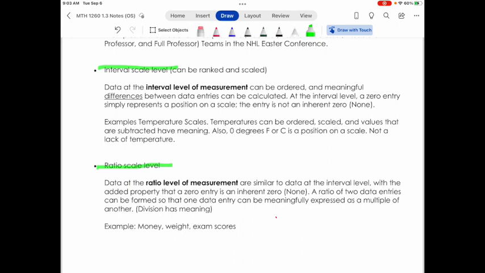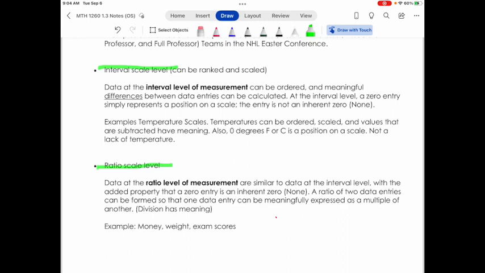But if you think of temperature, which is a perfect example, if I talk about 0 degrees Fahrenheit, that doesn't mean that there's 0 temperature. That doesn't mean that there's no temperature. There is a temperature. It's just that that 0 is used as a placeholder on a scale.